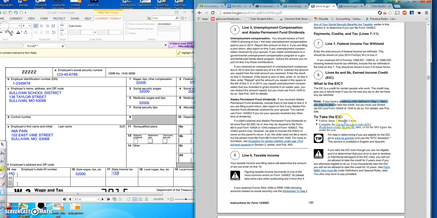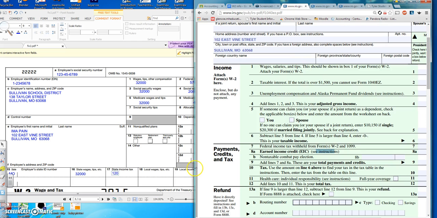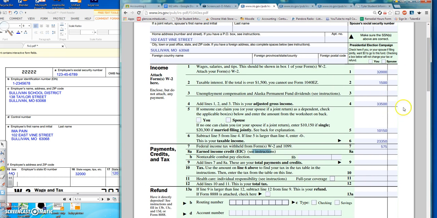Let's keep going on this because I like the word refund. They'll be able to take the tax credit. It tells you to continue down to answer these questions. The first question to see if you qualify for an earned income credit is if the amount on the Form 1040 EZ line 4 is less than $14,590. So you go back to your 1040 EZ, you look at line 4, and ours is not less than that amount, it's greater.